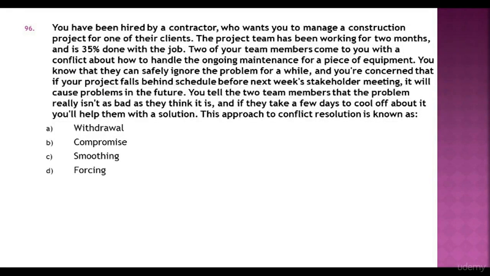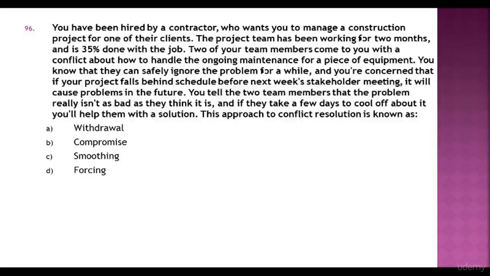Question 96. You have been hired by a contractor who wants you to manage a construction project for one of their clients. The project team has been working for 2 months and is 35% done with that job. 2 of your team members come to you with a conflict about how to handle the ongoing maintenance for a piece of equipment.